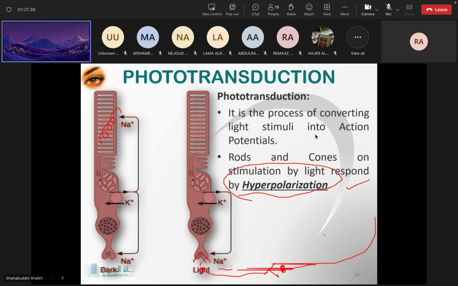That will change the number of action potentials going towards the ganglion cell. In some receptors it will increase, and in some it will decrease, depending upon the horizontal cells present here. So don't get confused here. Just remember the receptors cause hyperpolarization, which changes the action potentials going towards the ganglion cell. What change occurs, don't worry about that.